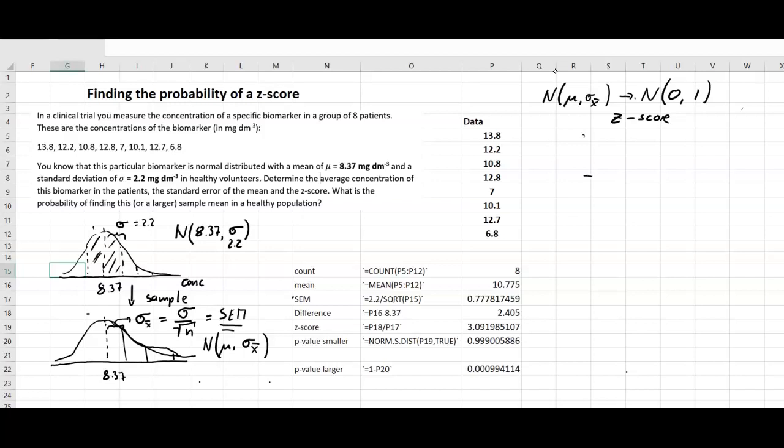So this would then look like that. Again, we would have, and hopefully this time my normal distribution looks a little bit better. That's okay. So instead of the mean, we would plot a z-score here.